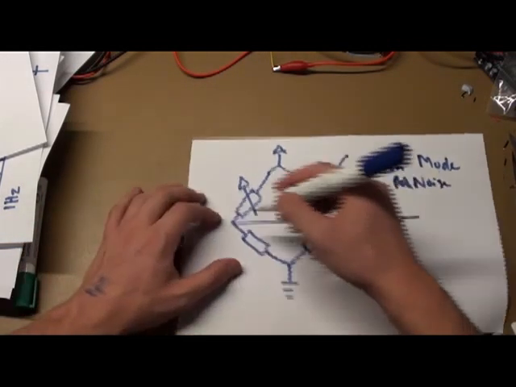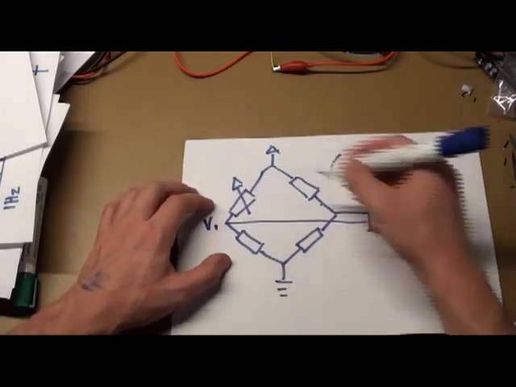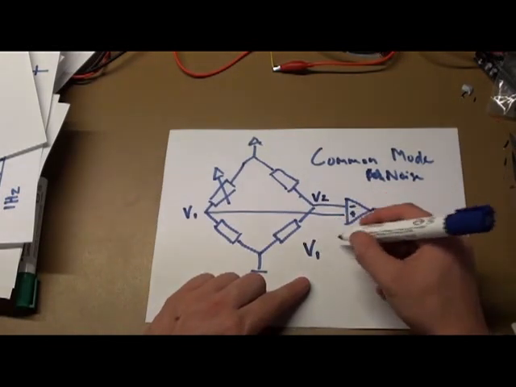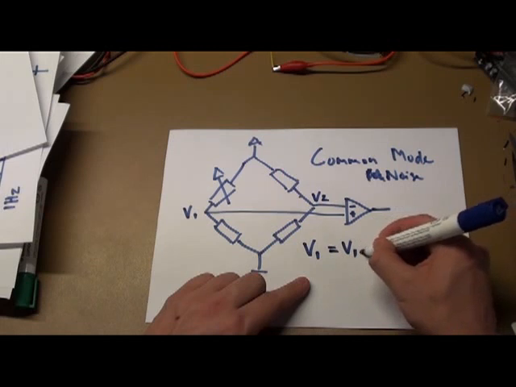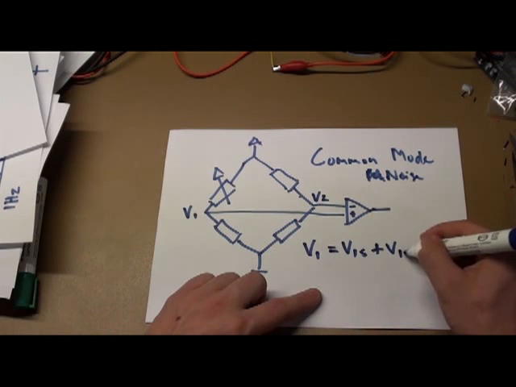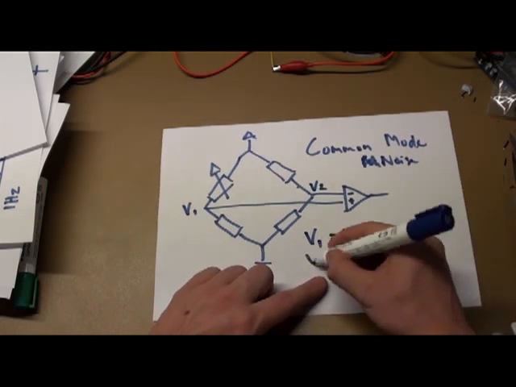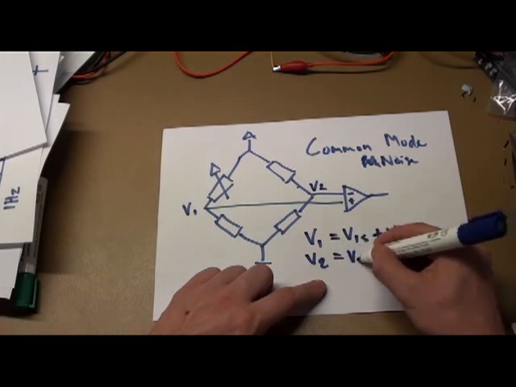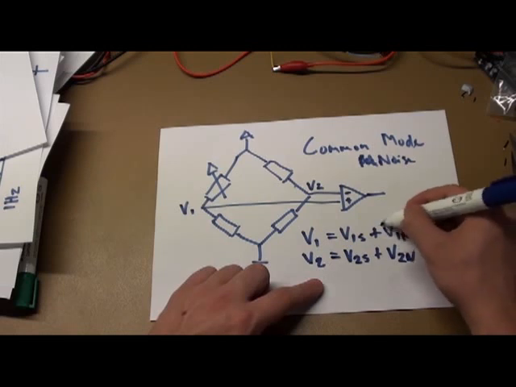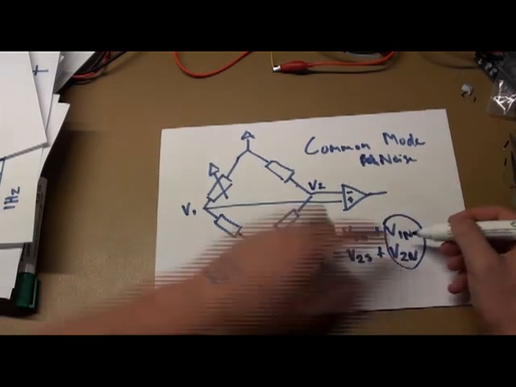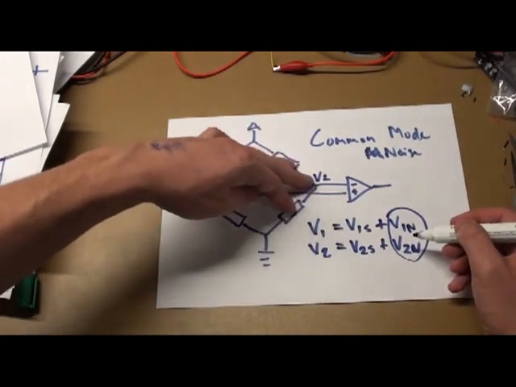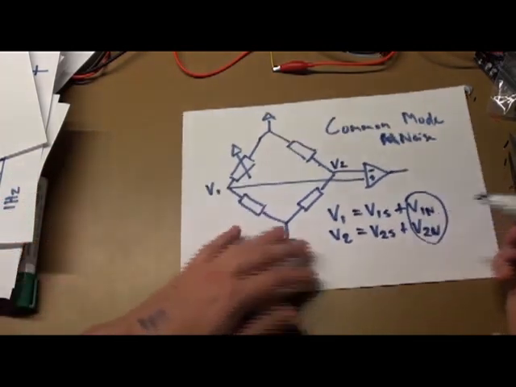Now, if we call this V1, V2, so V1 will be V1 signal plus V1 noise. V2 will be V2 signal plus V2 noise. But we're saying that these two are the same because they're very close on our breadboard, so any radio waves that hit this part will probably hit this part the same.